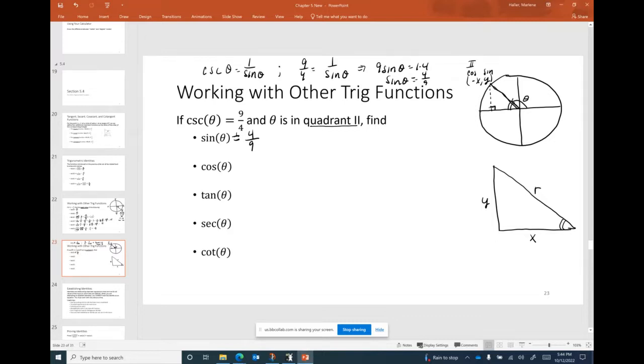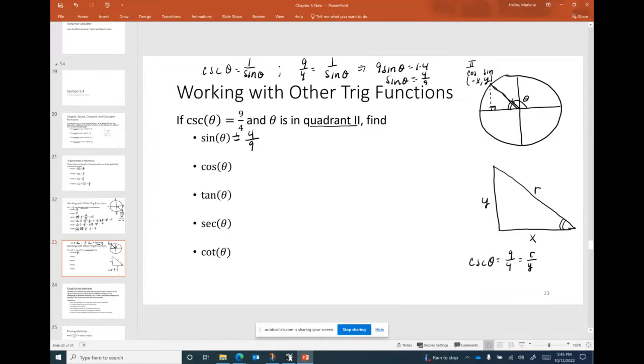Okay, if the cosecant of theta is 9/4, we know that the ratio definition for the cosecant of theta is the radius over y. So if 9/4 equals the radius over y, we can say this is a triangle that's not in the unit circle anymore. We don't have to think about a unit circle here.